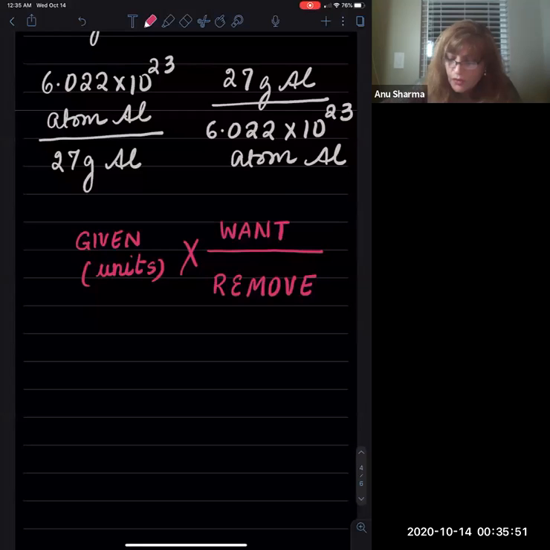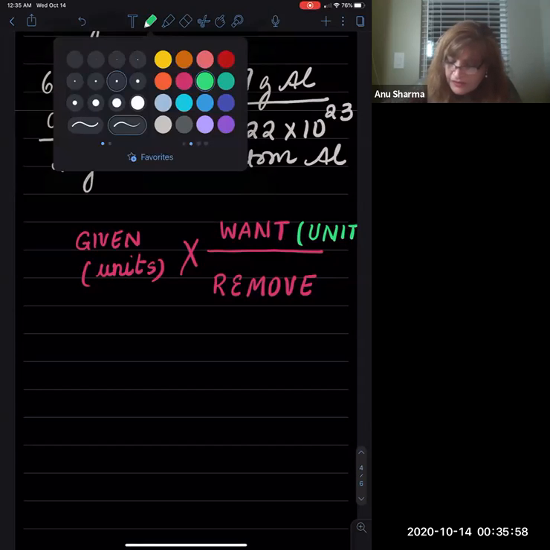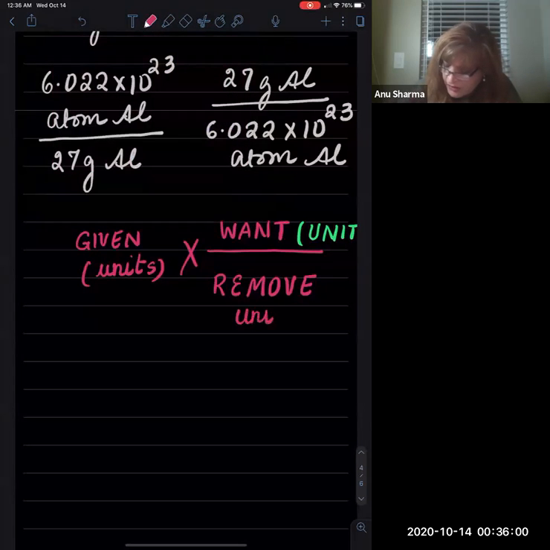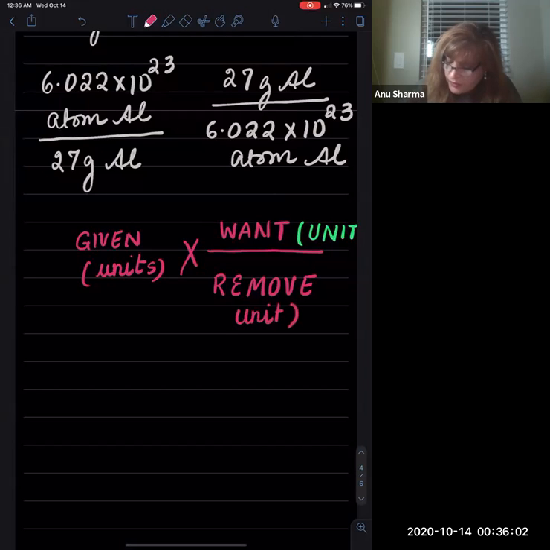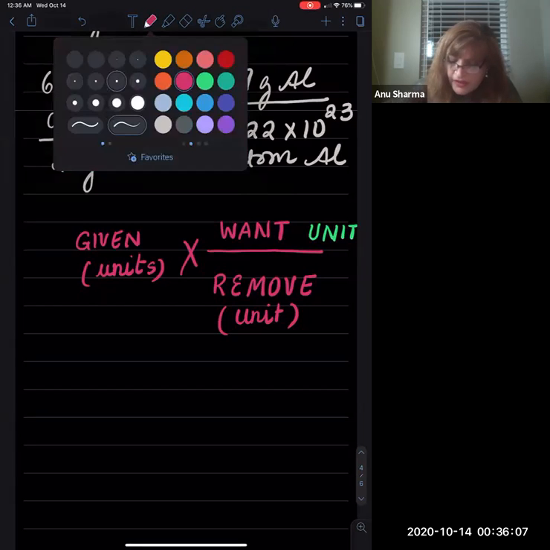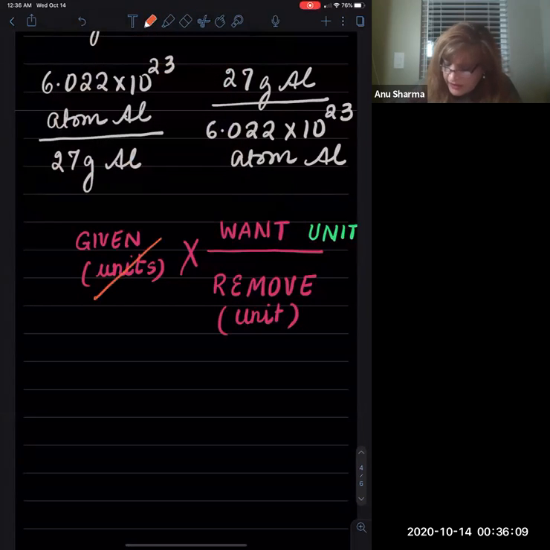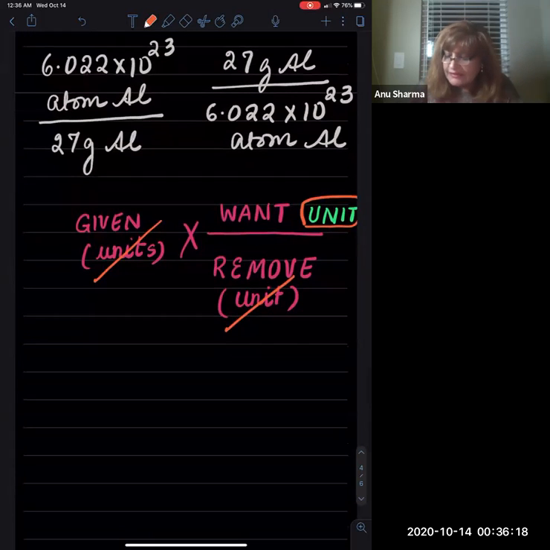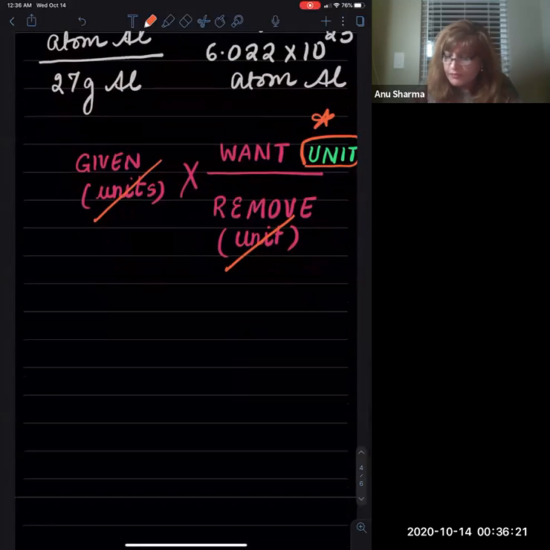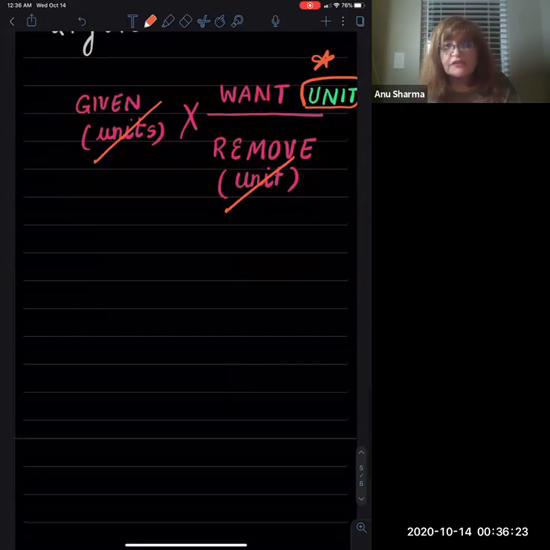This is the same unit as the given unit, so these units cancel out, and we are only left with the unit that we want.